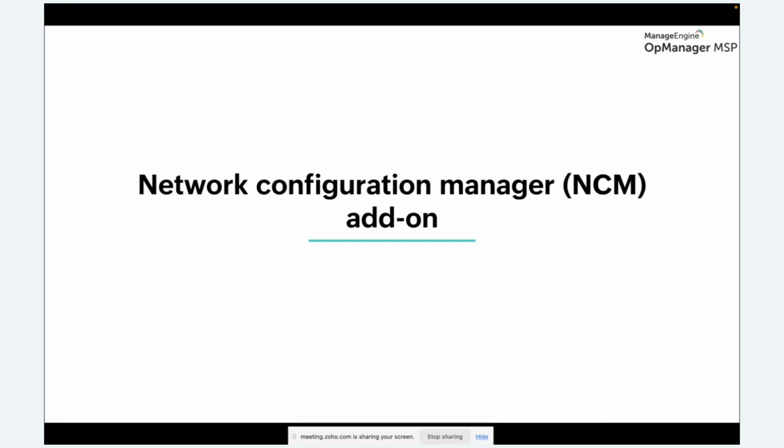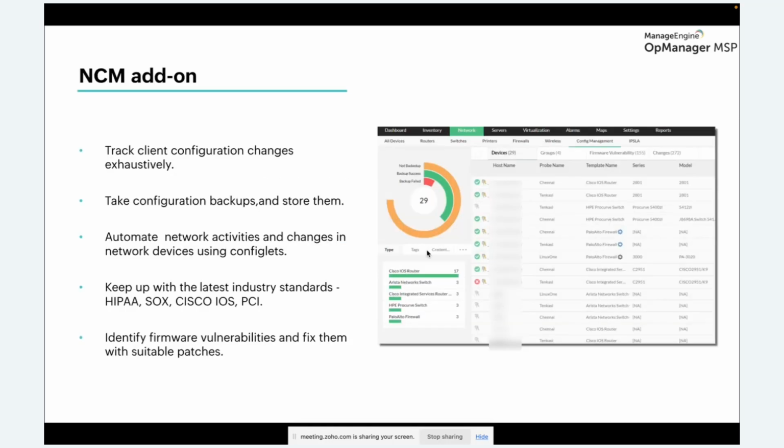So let's see how OpManager MSP's NCM add-on is helpful for us. With this add-on, you can track every change that is made to your client network devices. OpManager MSP can help you take configuration backups automatically or schedule them. With NCM add-on, you can automate or schedule day-to-day network configuration tasks in bulk as well.